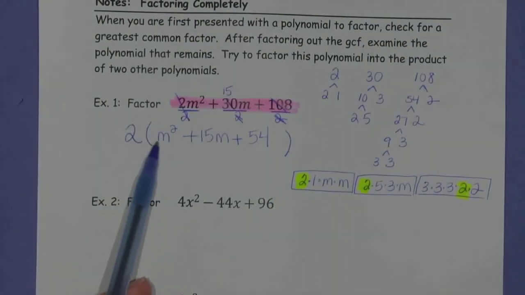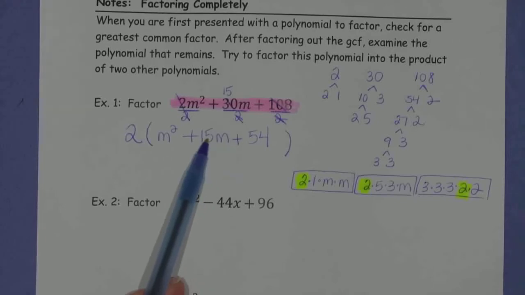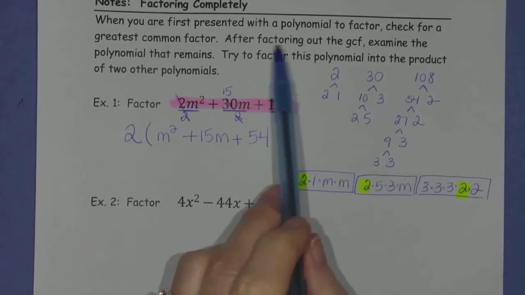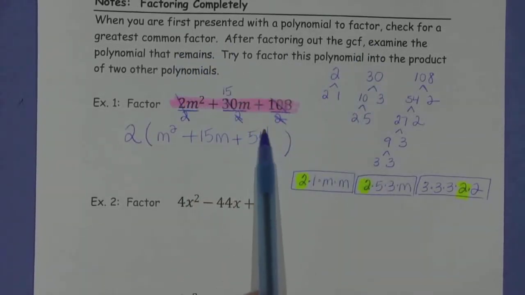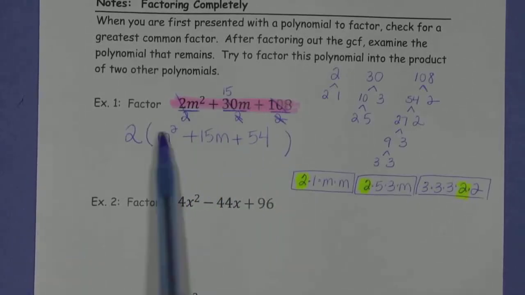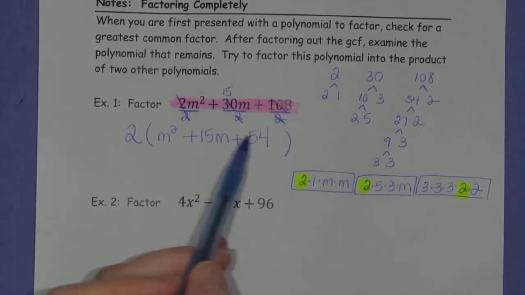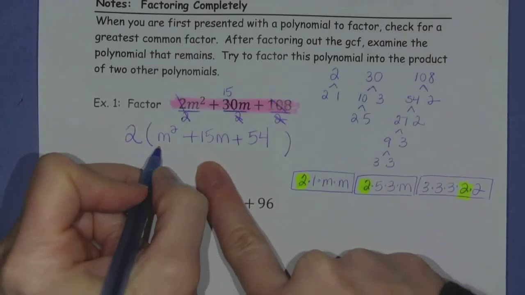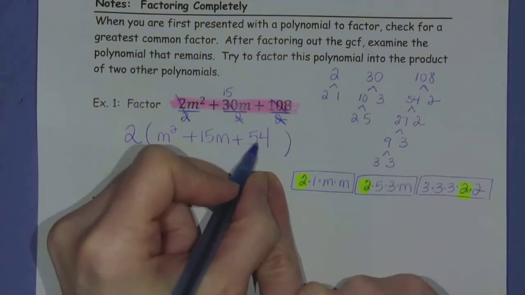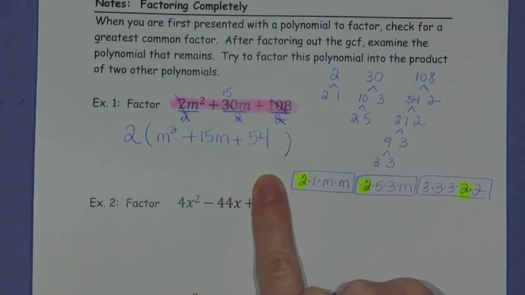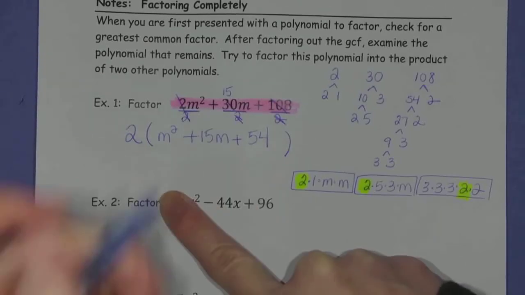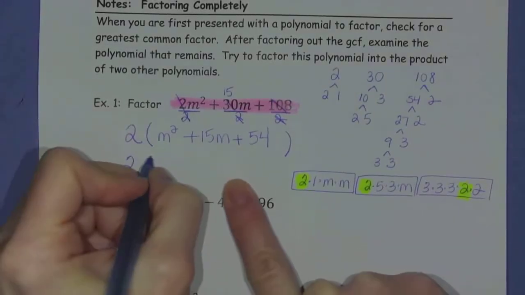So we've written this as a product of polynomials. Now we're to examine the polynomial that remains right here. This is a trinomial, and it's in that form ax squared plus bx plus c. It's just we're using m's. So we're going to try to factor this. So let's see if we can go a little bit further here.